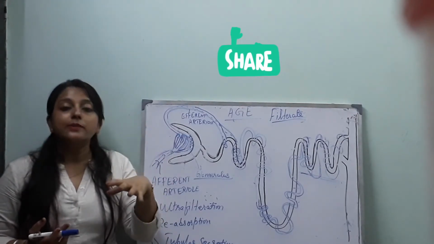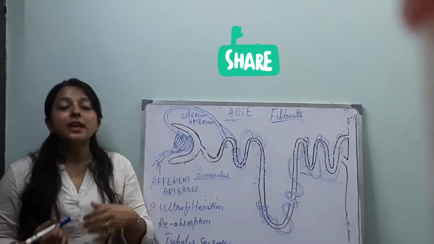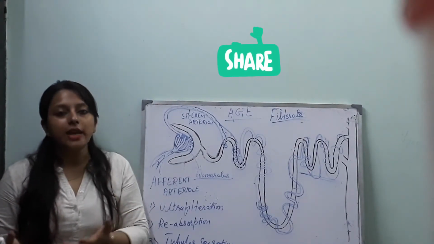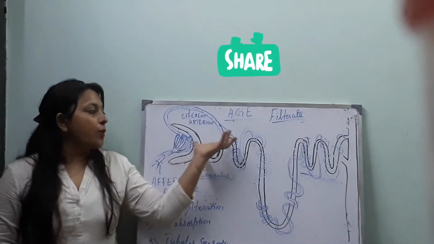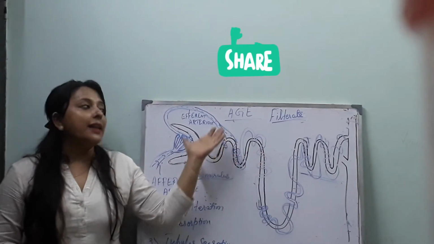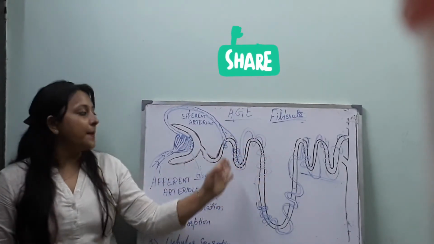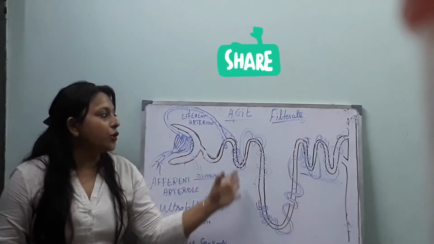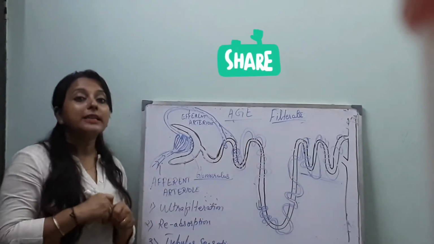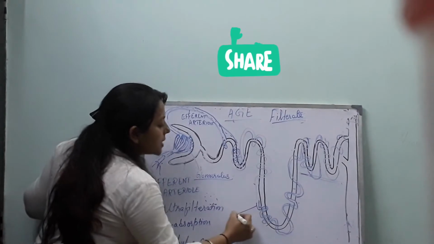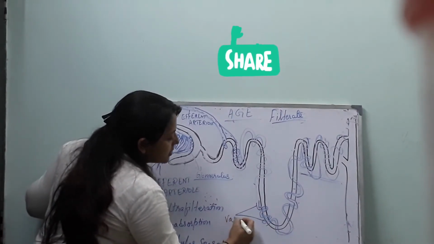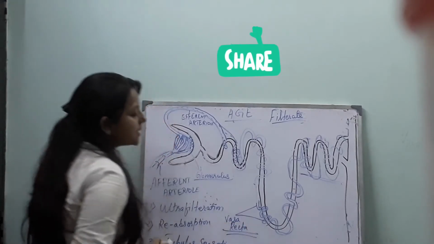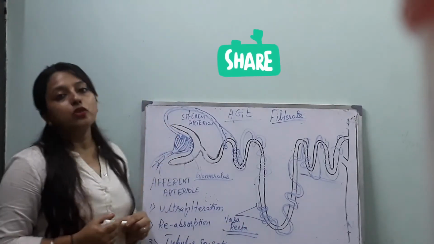It reabsorbs these useful substances and returns them to our body, and this is called reabsorption. This absorption takes place by the network of blood capillaries, which is called vasa recta. Now, how does reabsorption take place?